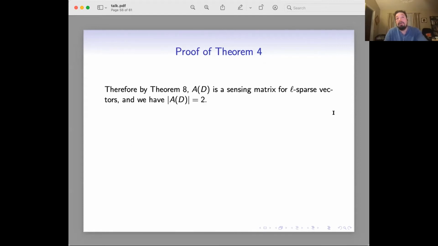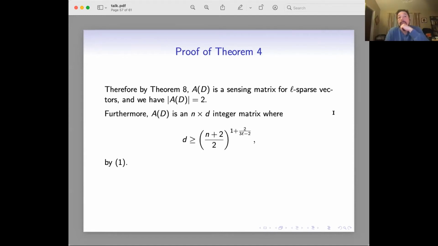And so by our theorem, the matrix A of D, whose columns are these difference vectors, is a Sensen matrix for L sparse vectors. And the sup norm of this matrix is 2.